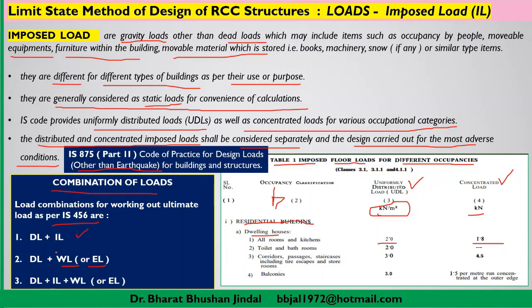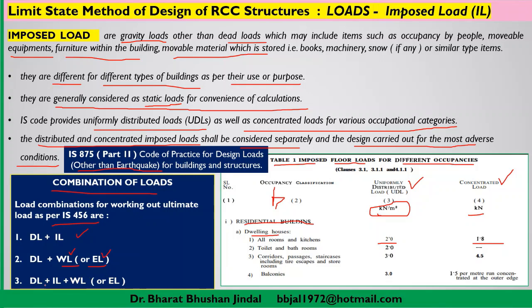It is very much sure from past experience that whenever wind is blowing with a high velocity, the possibility of earthquake is negligible. So both types of loads need not be considered simultaneously. Either you can consider wind load or you can consider earthquake load.